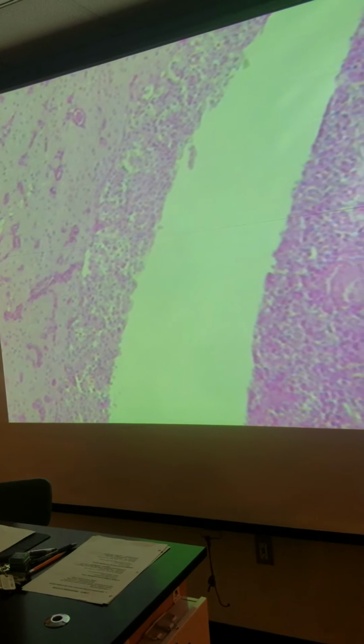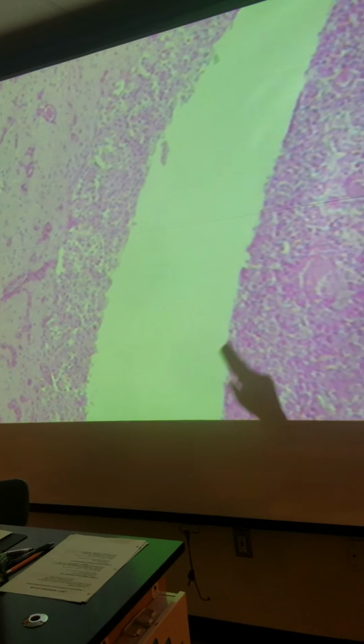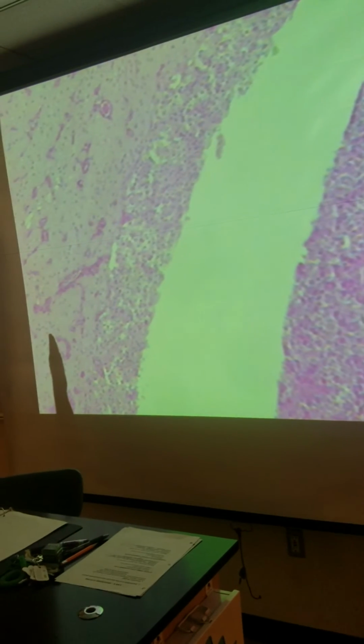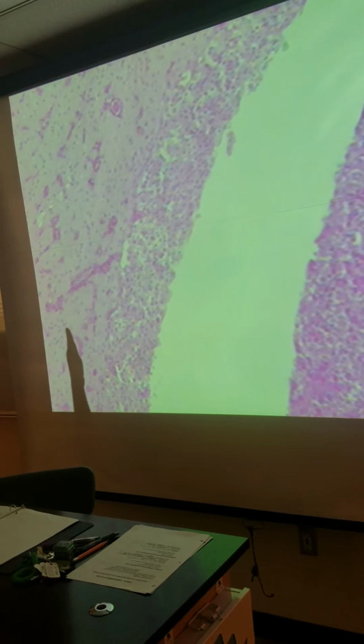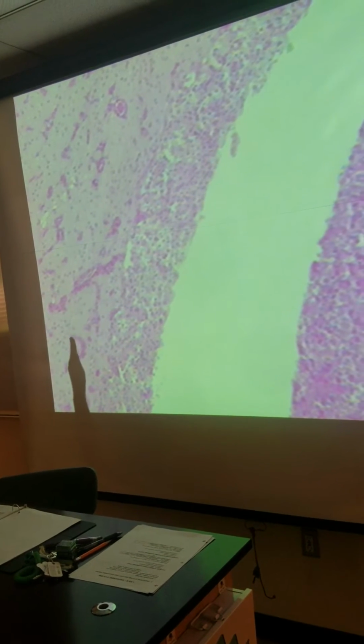Or then I'd ask, what hormones are formed and released from here? And so you would say TSH, thyroid stimulating hormone, human growth hormone, adrenocorticotropic hormone. Or from here, what hormone might be stored and released? You could say oxytocin or antidiuretic hormone.